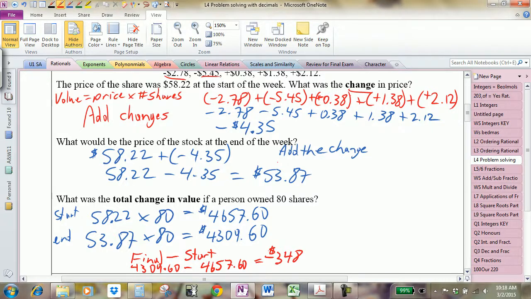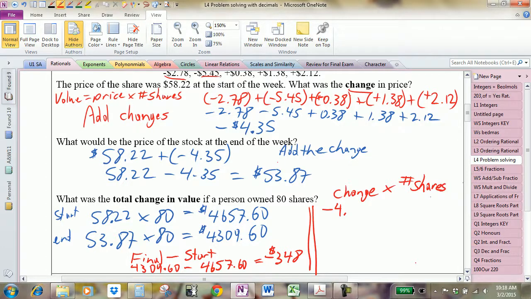So what does that represent? He lost a lot of money. He lost $348 in 1 week. Okay? Who has an alternate way of doing it? Yeah, Kira? Take the change in price times the number of shares.